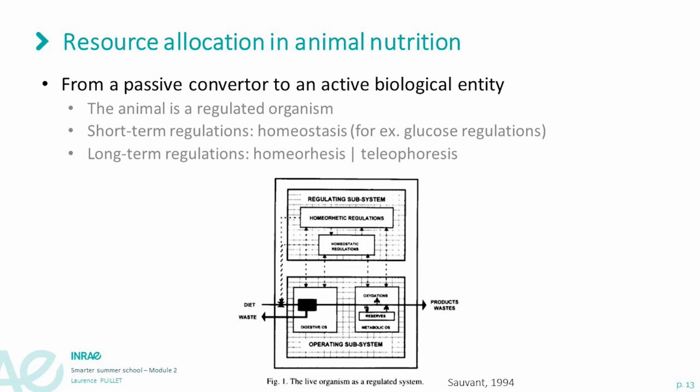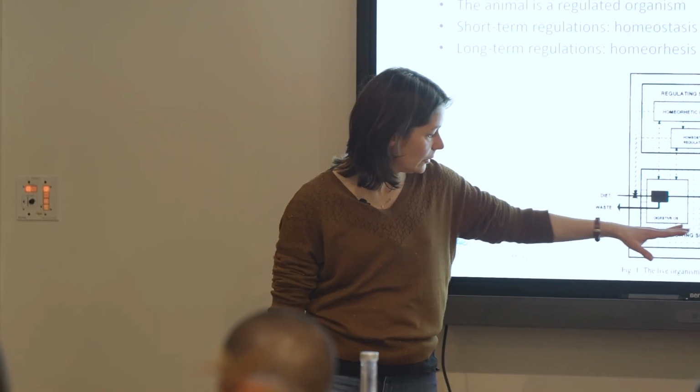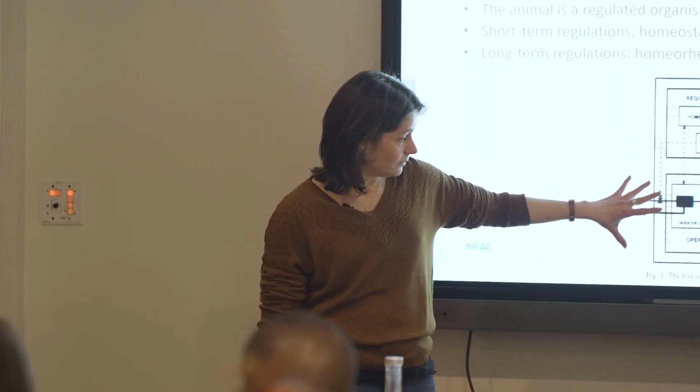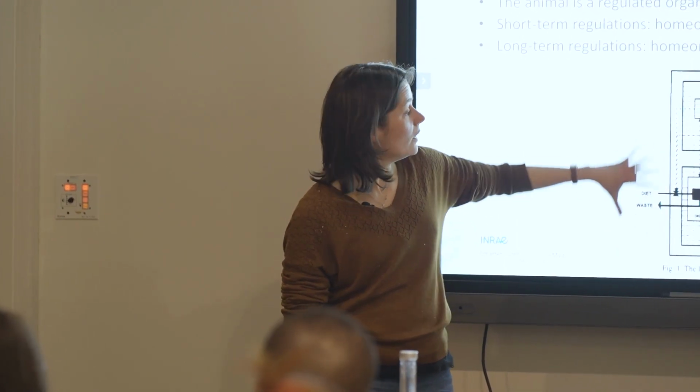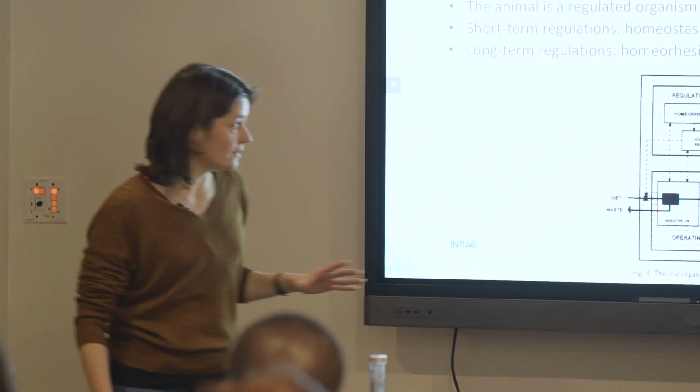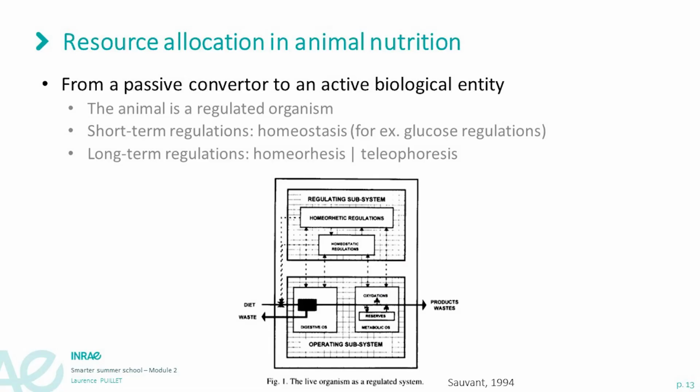So you have the diet that is transformed in a digestive operating system and a metabolic operating system. But this biochemical view is combined with a regulating subsystem that is moving the animal not only as a biochemical converter, but also as an active biological entity.